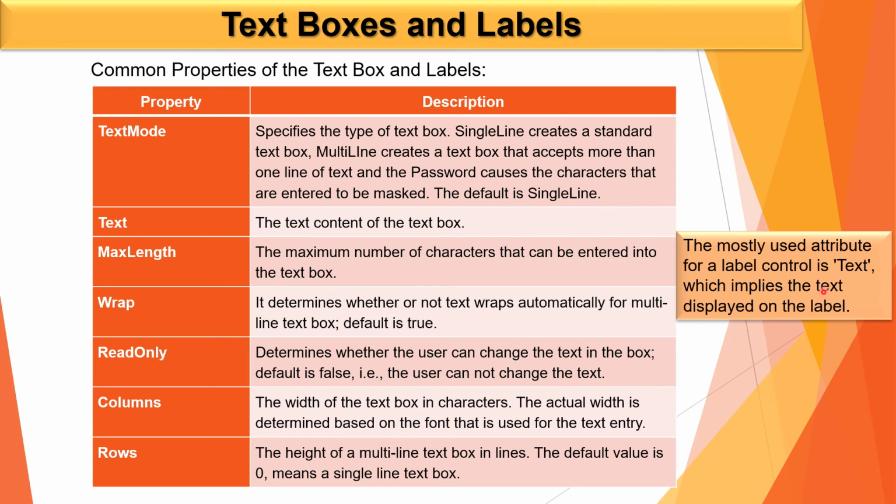This is a very important property, the text which is given by the programmer and that will not be changed. Normally it will be given as literals, the text which will appear on that control.